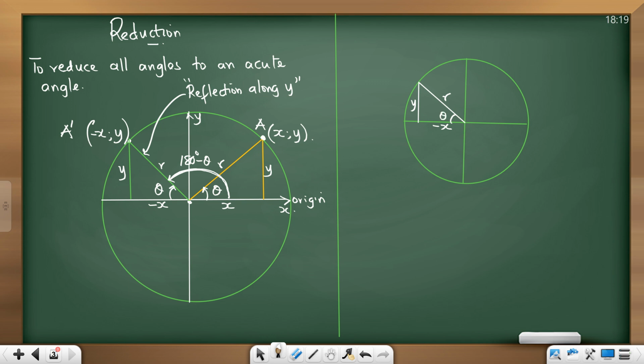This angle is theta because it's a straight line going this way, 180 minus theta. And the coordinate here, negative x and y. Quadrant number 2. So I don't get confused, I'm drawing quadrant number 2 out.